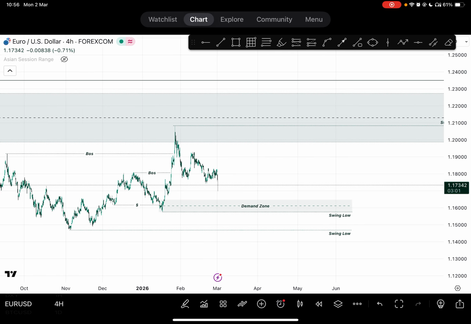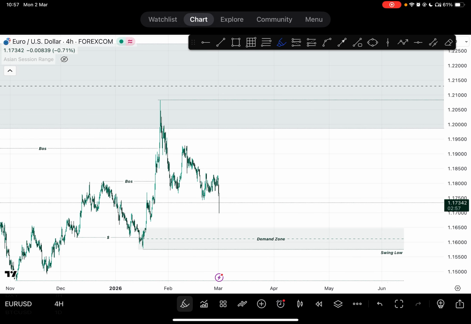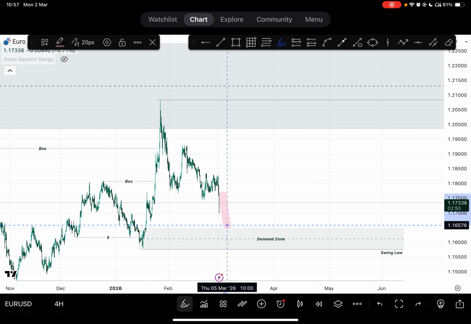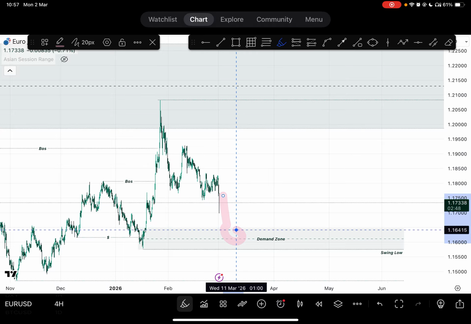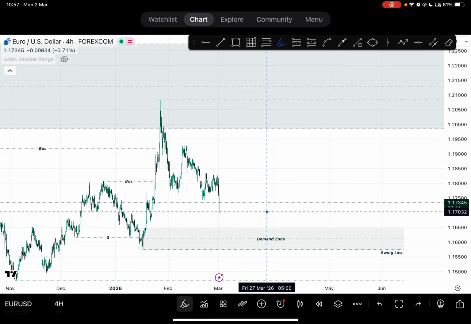So at this point on the daily time frame, we could still expect price to keep coming down until it gets to this demand zone before we can start expecting bullish to come in and drive.